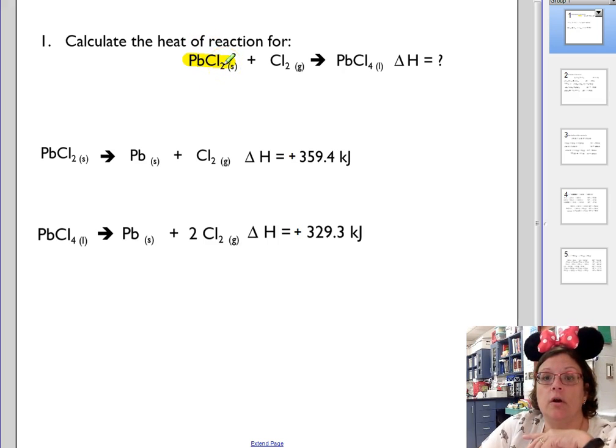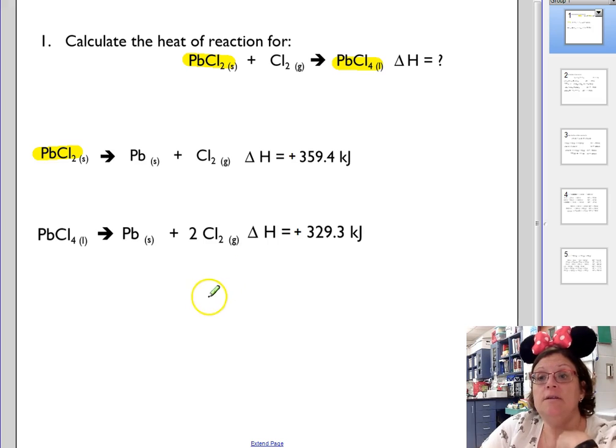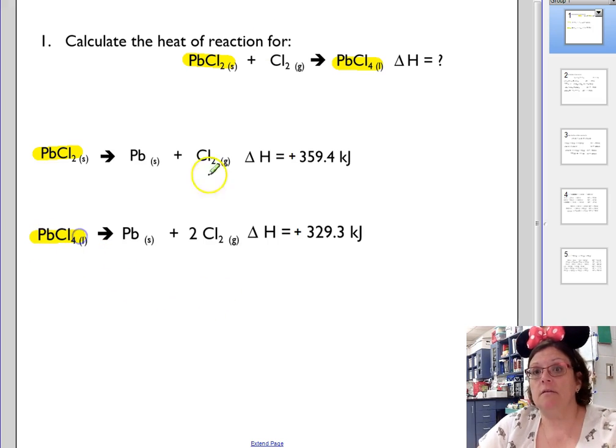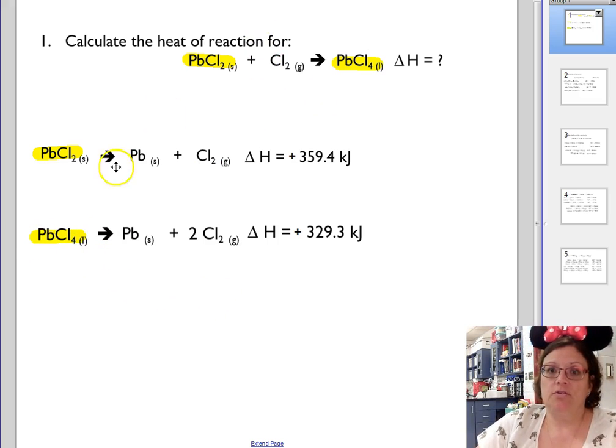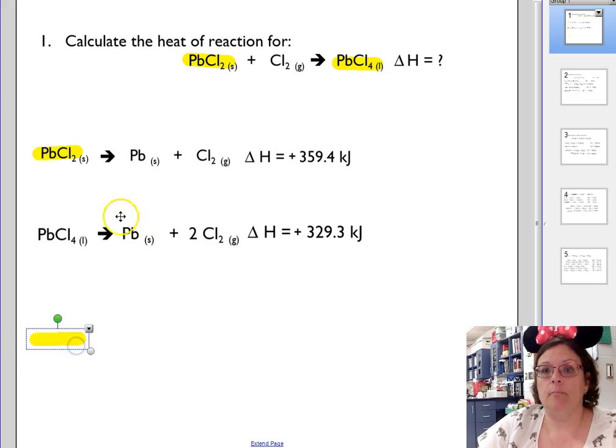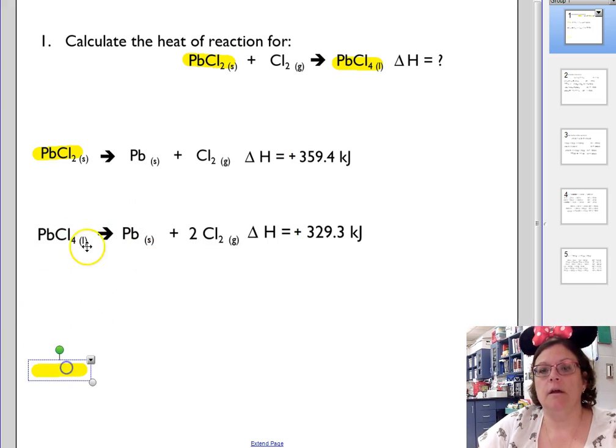find lead 2 chloride right here. He's on the left-hand side, the reactant side, so he's good. I can see I have chlorines in both. I'm going to skip those for the moment. Lead 4 chloride needs to be on the product side. Is he? No. So we're going to get rid of him, or not get rid of him, we're just going to move that down for right now.